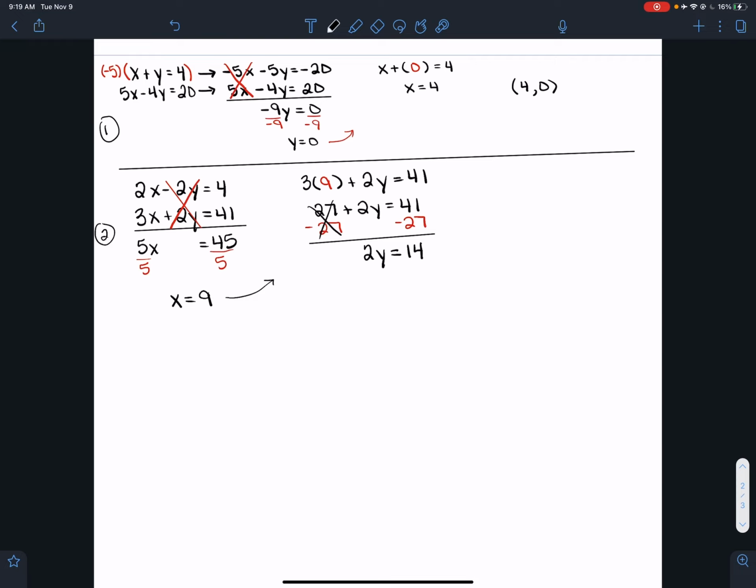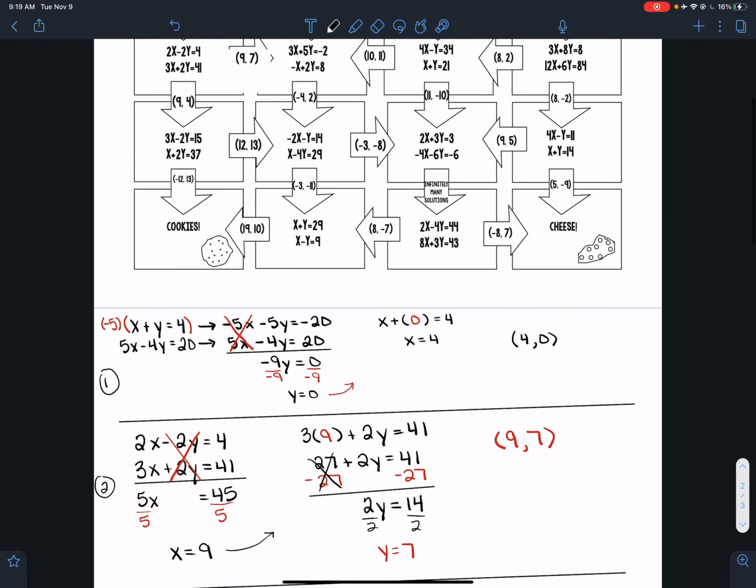Divide both sides by 2. And we get y equals 7. So our solution is 9, 7. Okay. All right, so let's go back and find that solution and figure out what our next example is going to be.